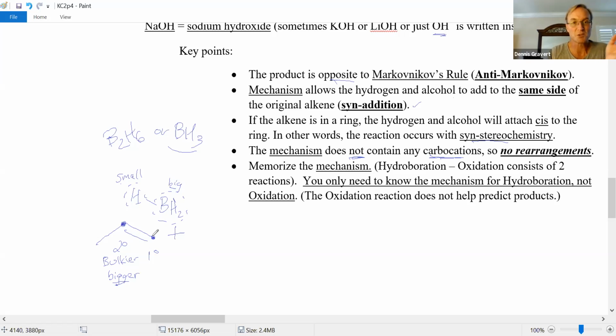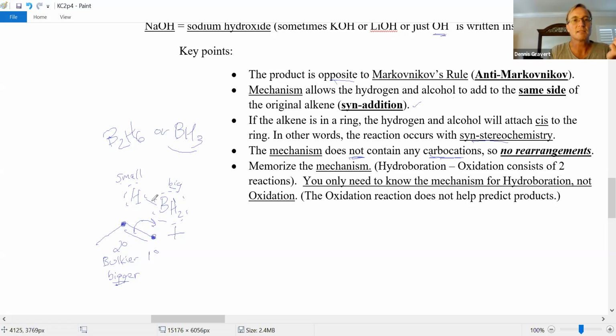And then 2 arrows will finish our mechanism. I think of the pi electrons as attacking the boron, connecting this carbon to the boron. So these pi electrons go in between the boron and the carbon.